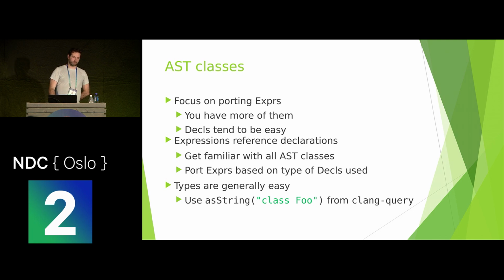Get familiar with all of the Clang AST classes. There are a lot of them. The API documentation is online, so typically if you Google one of them, you get the right result. And they have diagrams and everything. So you can port expressions in that way. Porting types is generally easy because you just specify a string for whatever type it is that you care about.